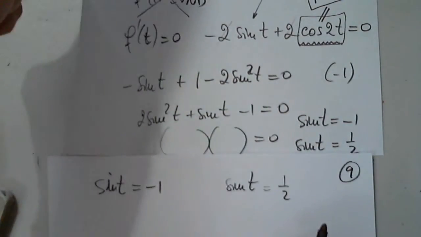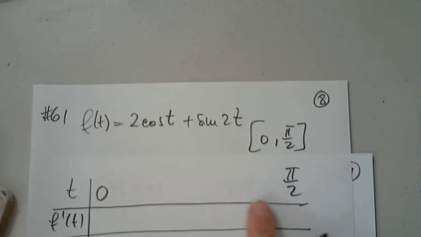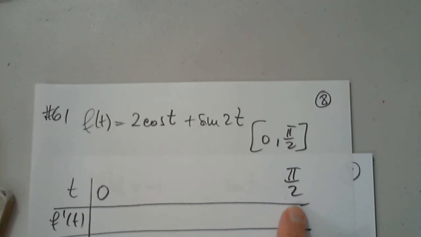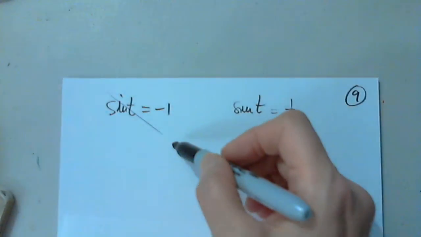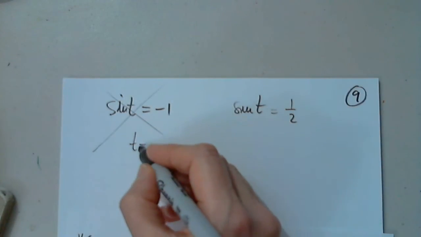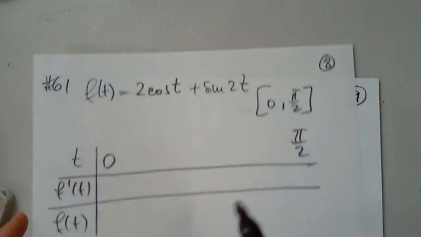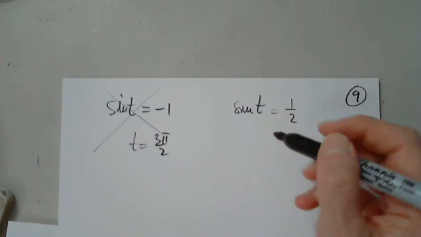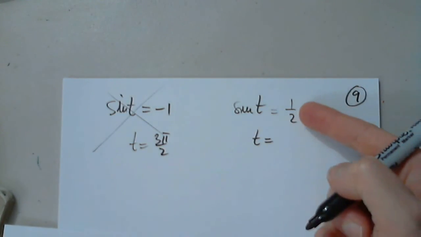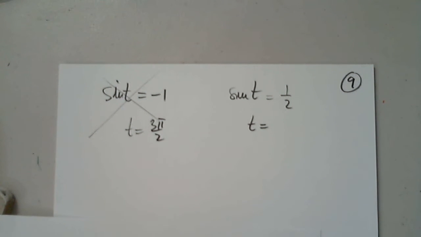Remember, we are talking about the first quadrant. So sine t equals negative 1 does not belong in the first quadrant because it would be t equals 3 pi over 2, but 3 pi over 2 is not in the first quadrant. Can anyone tell us the t in the first quadrant such that sine t is 1/2?